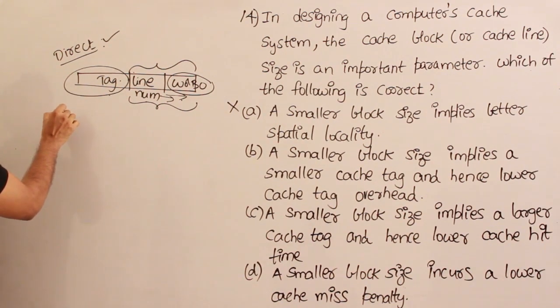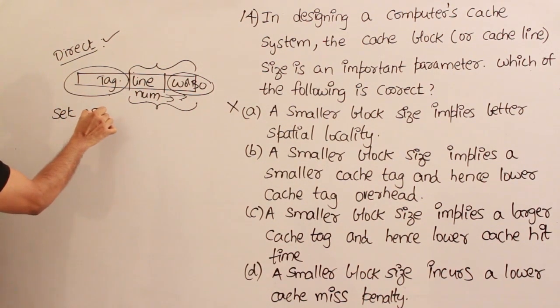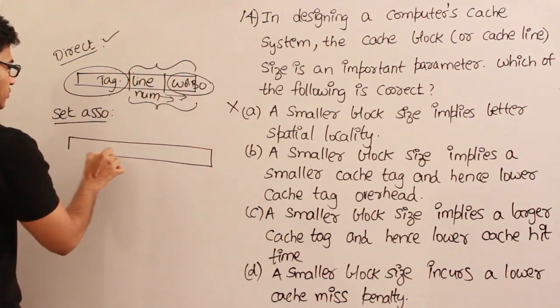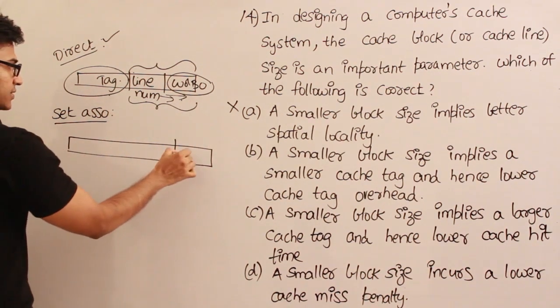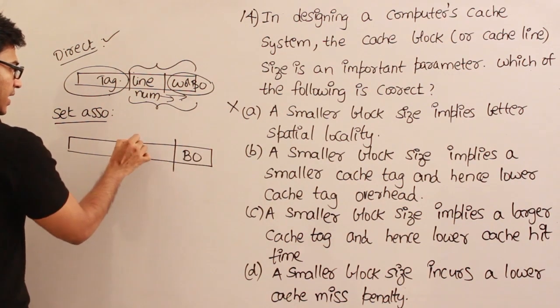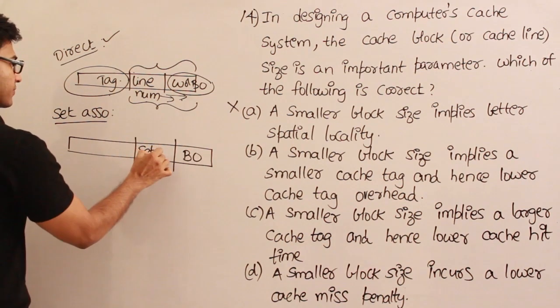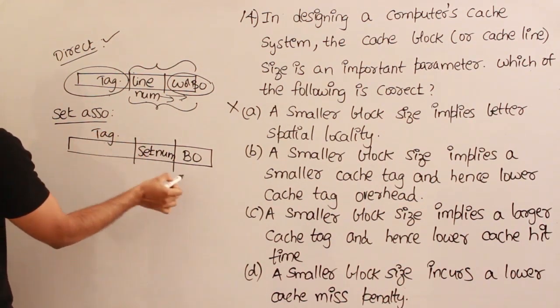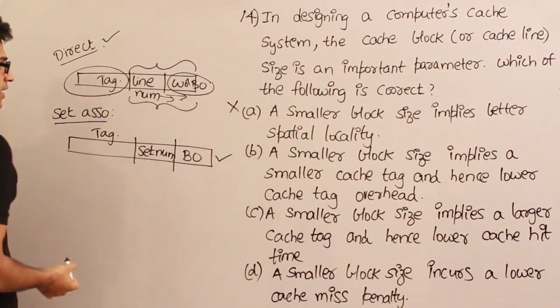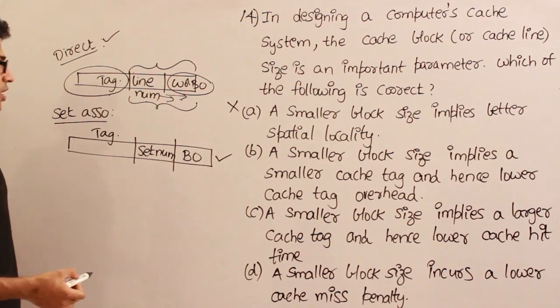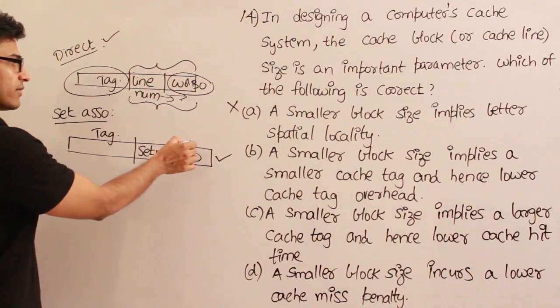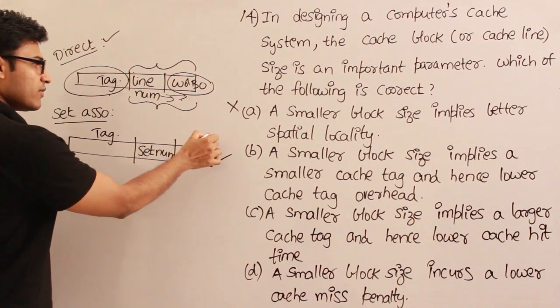Let's see what happens in set associative mapping. Here, the least significant field indicates the block offset or block size, the next indicates the set number, and the last indicates the tag. Now let us say I decrease the block size by half, which means I am pulling away one bit from the offset.